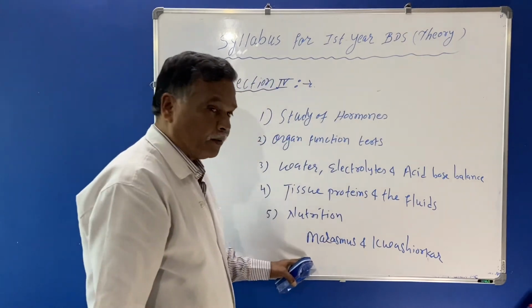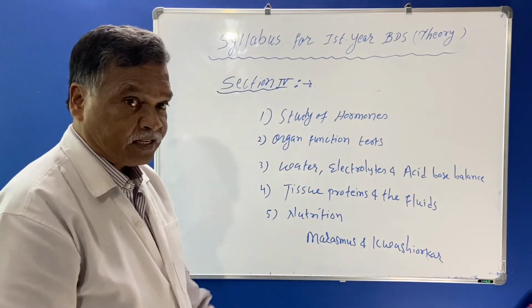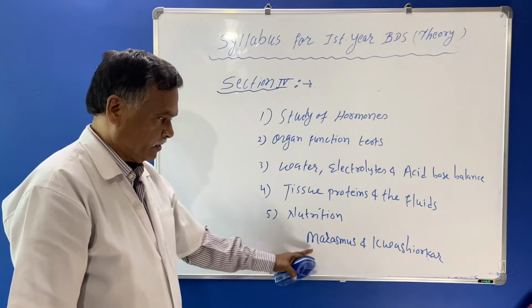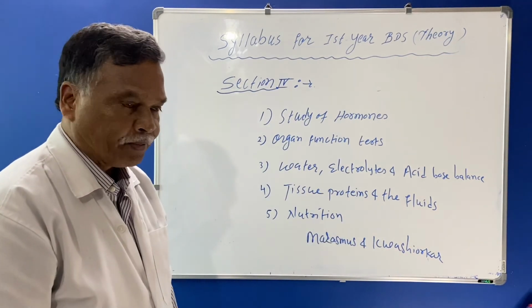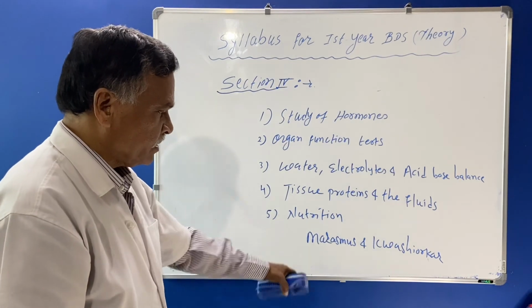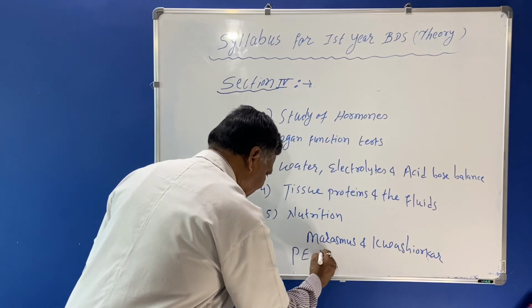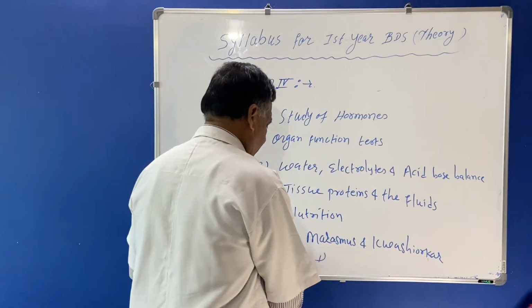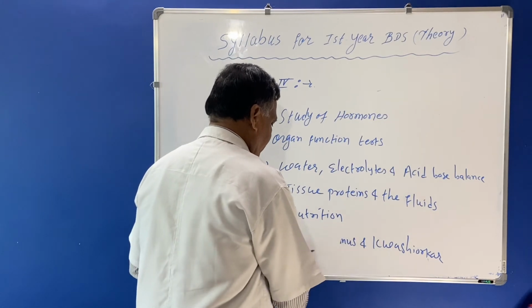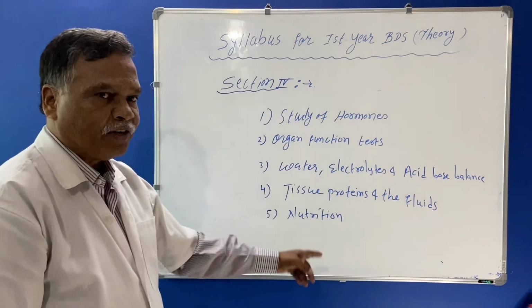These are protein deficiency diseases because the proteins are lacking in the body, therefore it leads to marasmus and kwashiorkor in children. So you must know these are protein energy diseases, important diseases which we have to study under the heading nutrition.